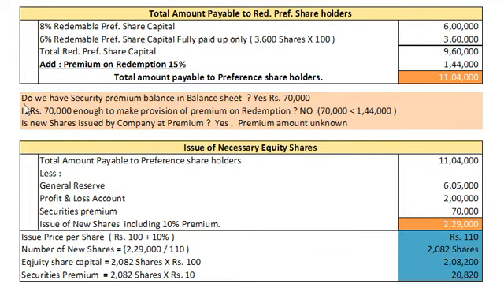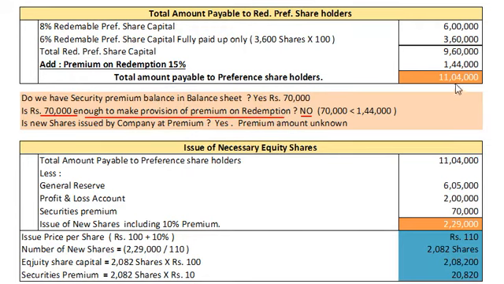Our first question: do we have a securities premium balance in the balance sheet? Our answer is yes, we have, and the amount is rupees 70,000. My second question: is rupees 70,000 enough to make provision for premium on redemption? My answer is no.